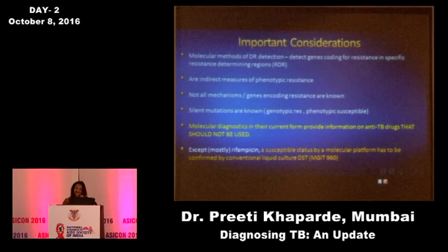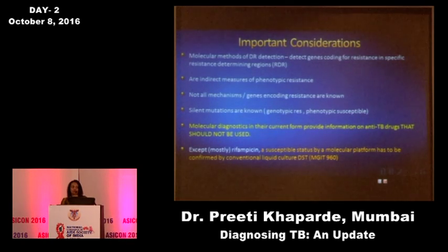For drug resistance, there are some important considerations which I would like to bring to your notice. The first is that whatever molecular methods we use for drug resistance detection, they detect genes encoding resistance in specific resistance determining regions, which are indirect measures of phenotypic resistance.